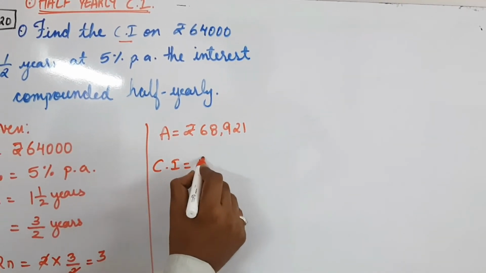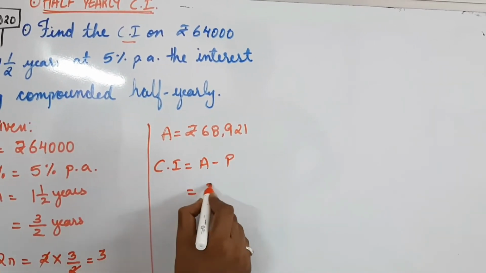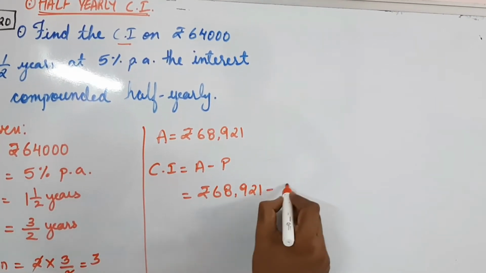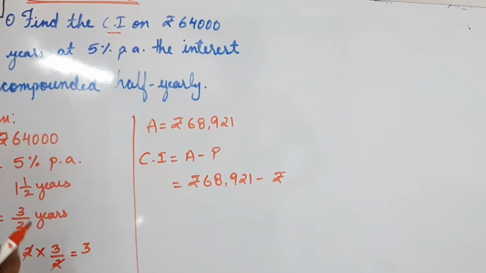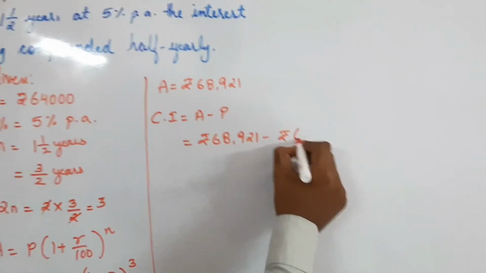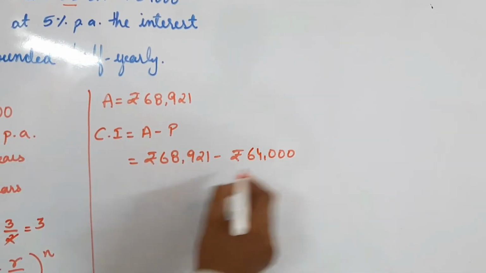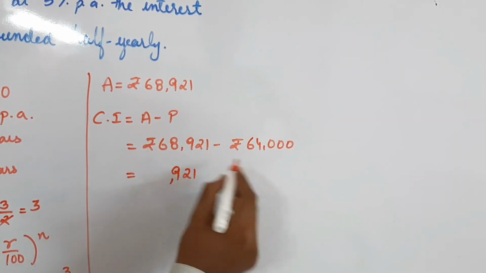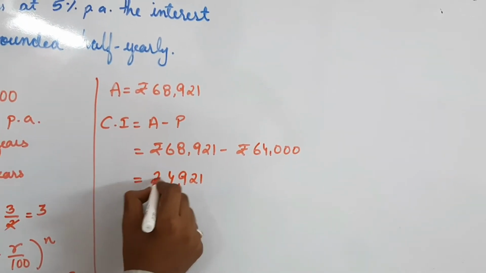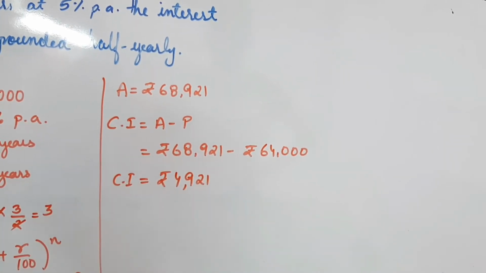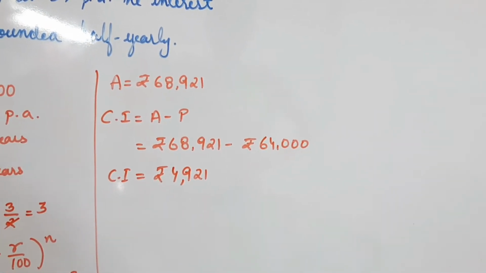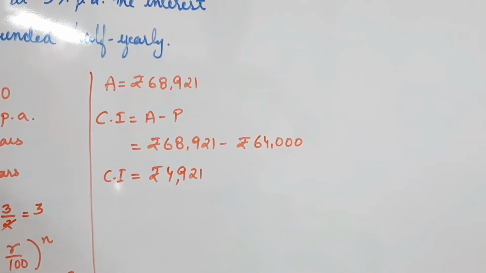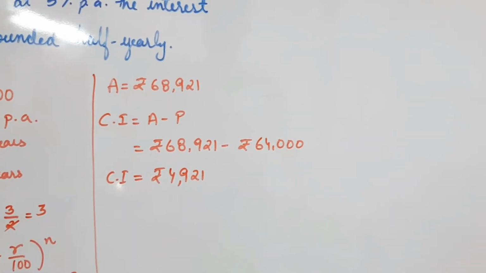Compound interest is equal to amount minus principal. How much is the amount? 68,921. And what is the principal? Principal is 64,000. Subtract it. 921. 8 minus 4 is 4. So the compound interest is rupees 4,921. Understood, students?